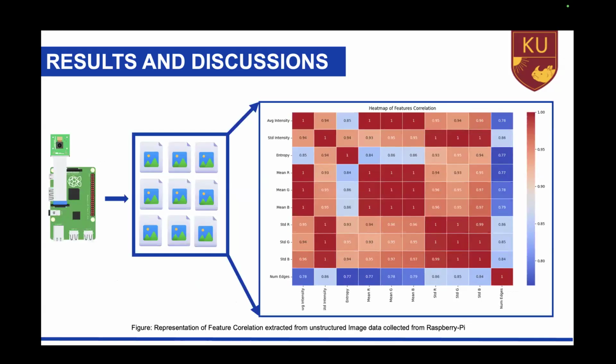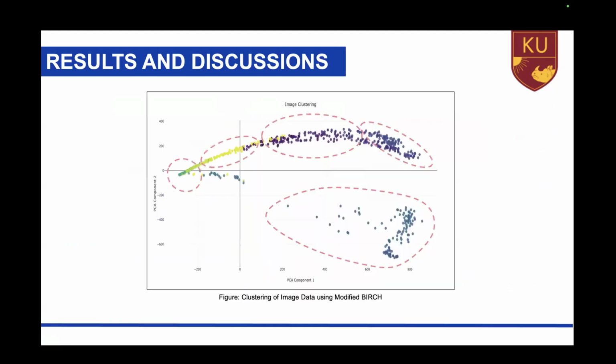And these are the extracted features from the images that were collected from the Raspberry Pi and the camera sensor. There are a lot of features, and based on the heat map and the importance of the features, we used our clustering technique again to cluster the data.